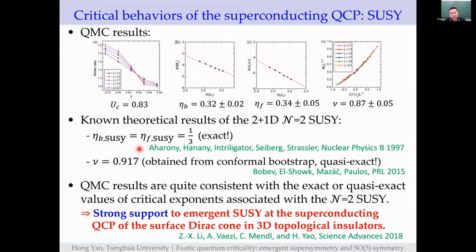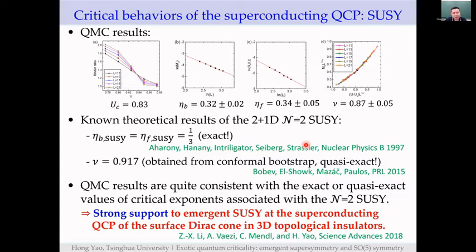I just want to mention that if this quantum phase transition features N equal to 2 SUSY predicted from the paper by Tyler Grover et al., then for this 2+1 dimensional N equal to 2 SUSY, the anomalous dimension of boson and fermion is known exactly according to this work. First, the anomalous dimension of boson should be identical to the anomalous dimension of fermion in a supersymmetric theory.